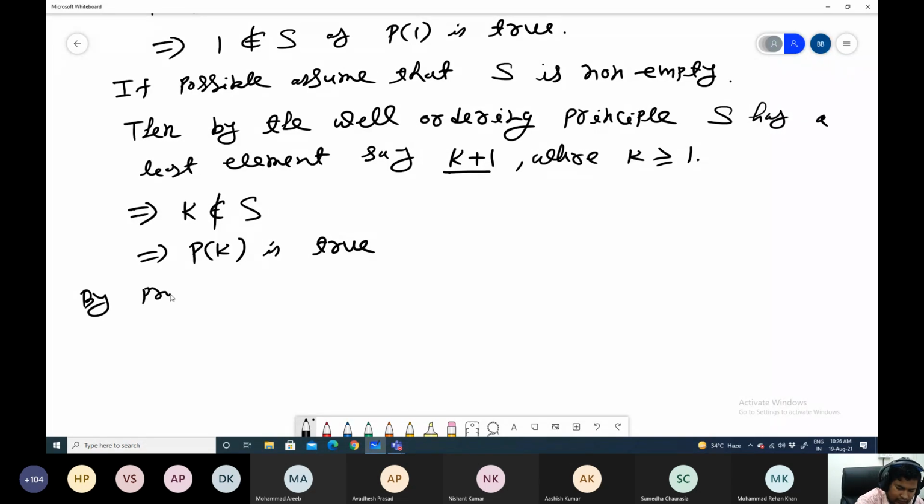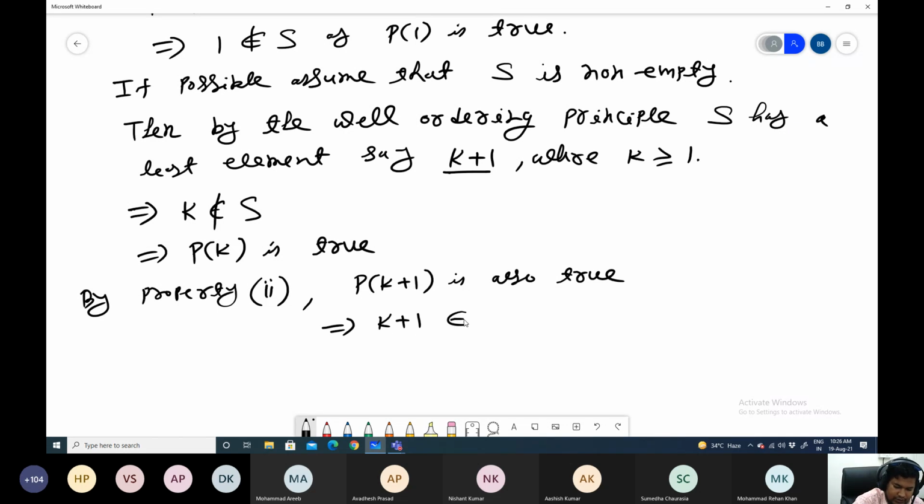So by property 2, Pk plus 1 is also true. So that implies k plus 1 is not in S.